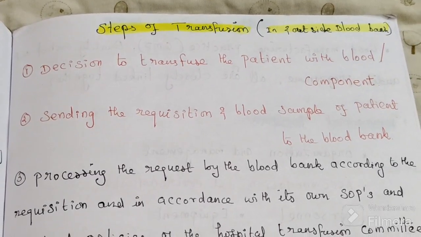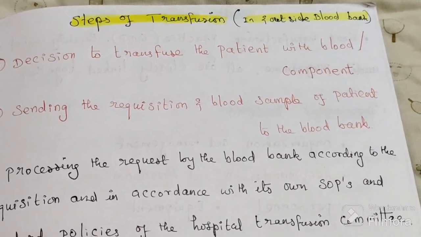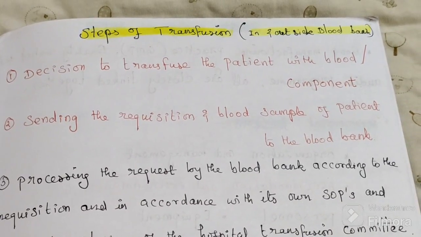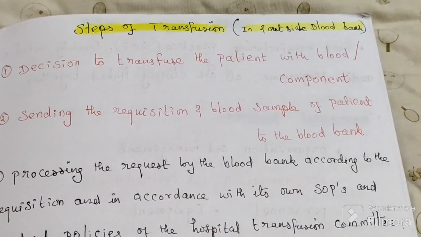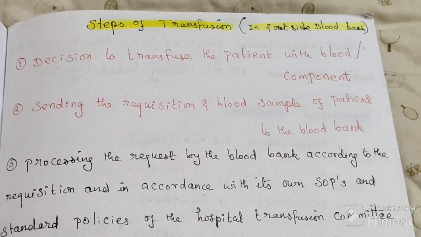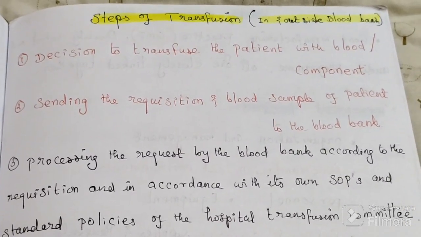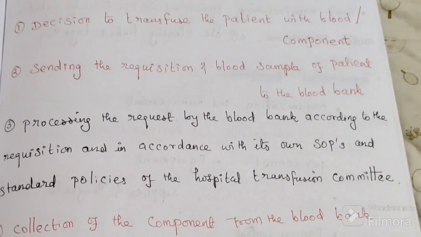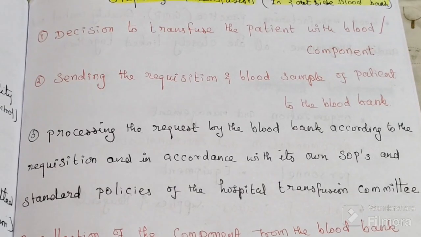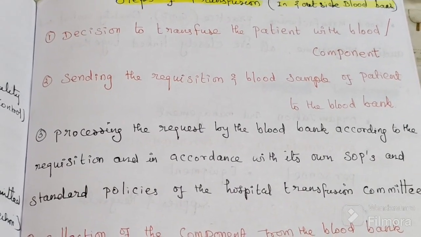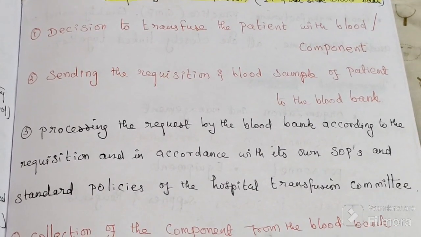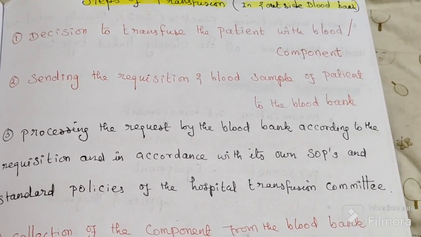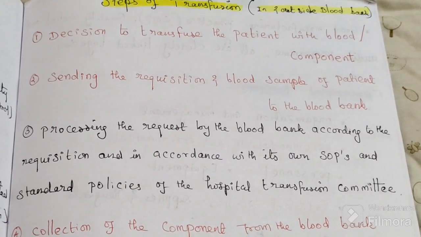The request is processed by the blood bank according to the standard operating procedures. Then the component or blood is collected from the blood bank and, maintaining the cold chain, is transferred to the clinical area. Then there is the pre-transfusion check.